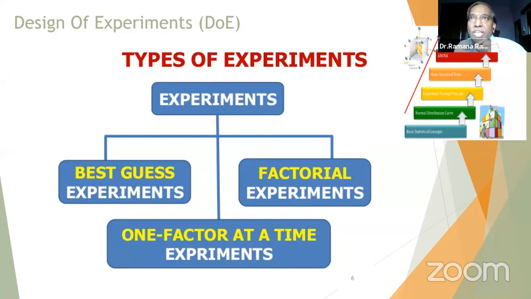If I have to give an example in the manufacturing world, it is like the designing of a car: will the car withstand the crash test when the car is moving at 100 kilometers per hour?